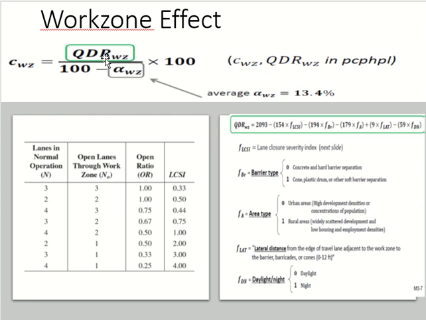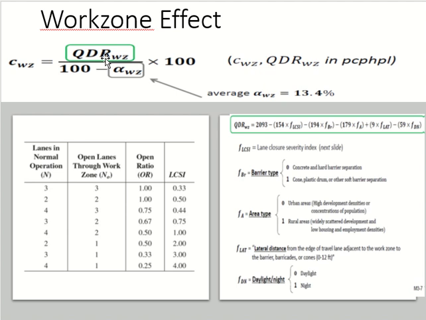We have two factors in the equation. QDR stands for Q discharge rate. For that we have an equation which is given at the bottom, and we have alpha in the equation. Alpha is the reduction in capacity because of the work zone.